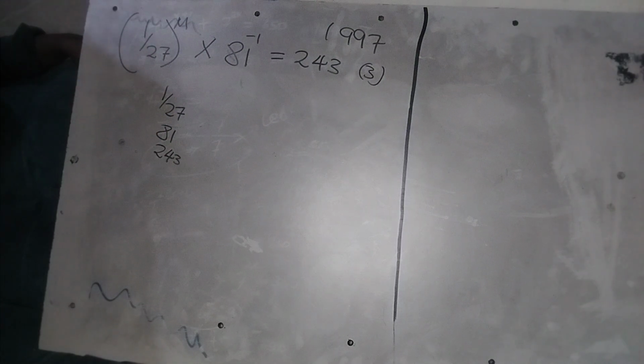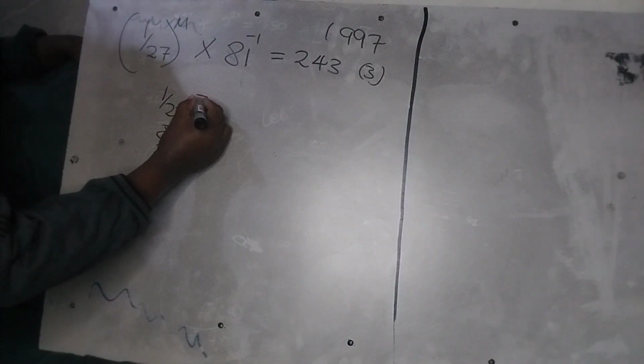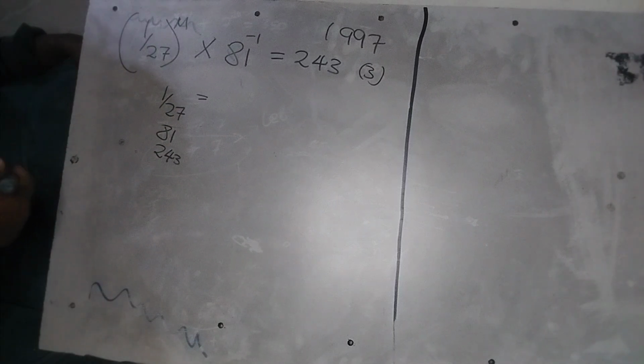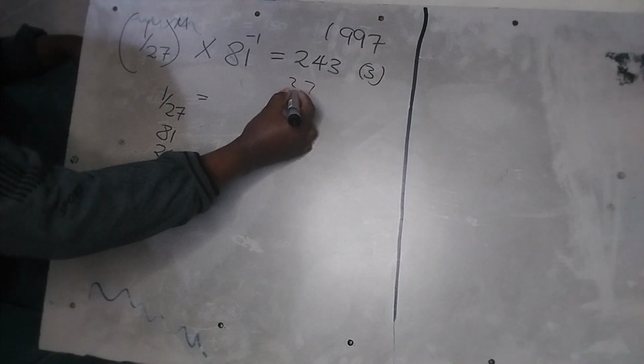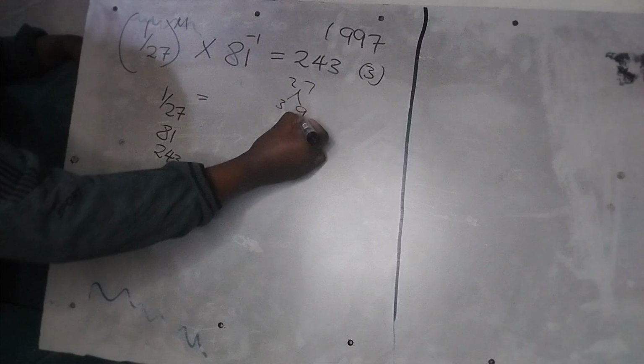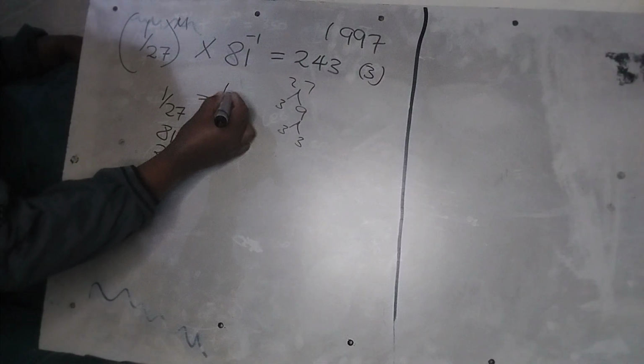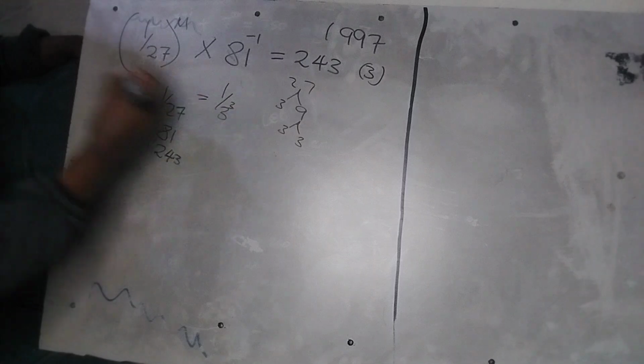Like how? Let's express the numbers in terms of 3 because you can see all the numbers are a multiple of 3. 27 divided by 3 you get 9, by 3 you get 3. So 27 will be the same as 3 to power 3.